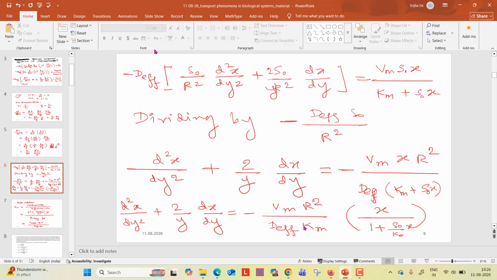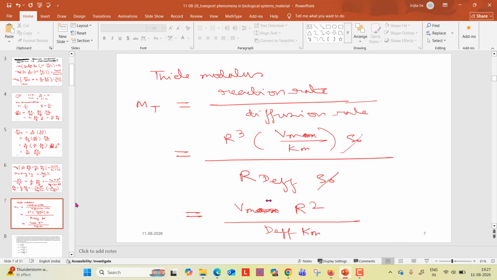Can you spot this term here? It is the same term, so we will simply replace this term with this. And there is another term, which is beta, defined as S0 by Km. Now we will put these values in the equation.